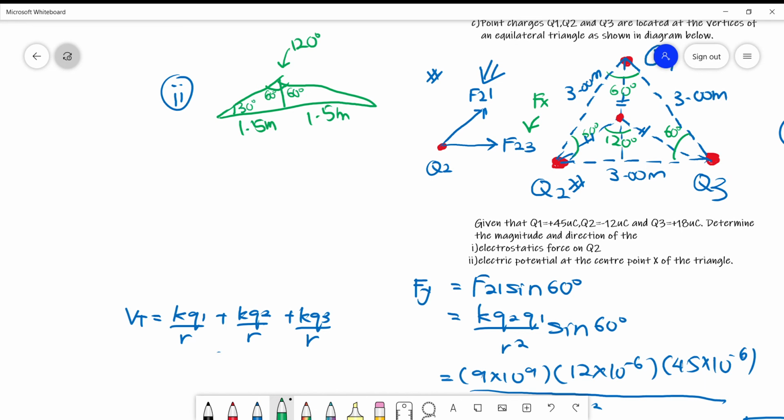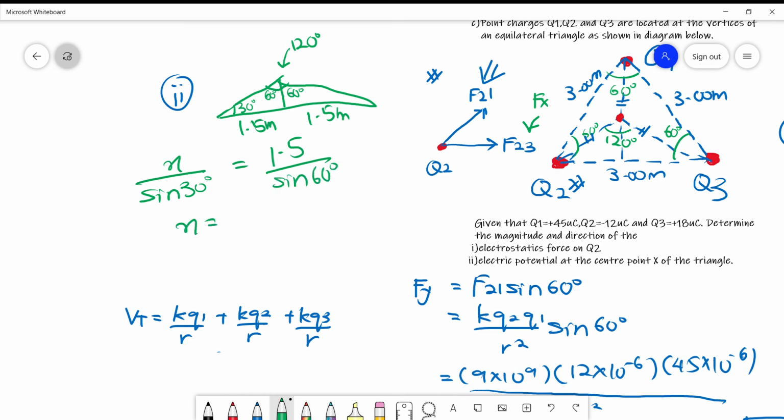Based on the solution of the triangle, x divided by sine 30 is equal to 1.5 divided by the opposite angle, which is sine 60.